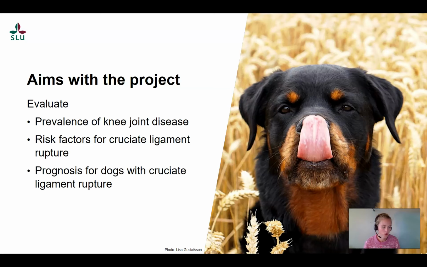We want to know which dogs are affected: dogs of a specific breed or age group, female or male dogs. We also want to evaluate the prognosis for these dogs. How are they doing a few years after the treatment of the injury?